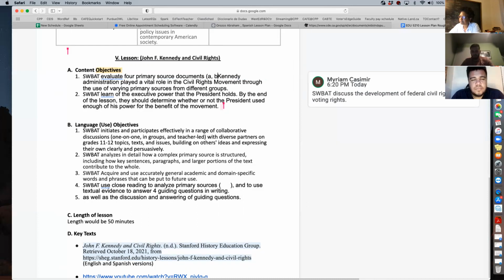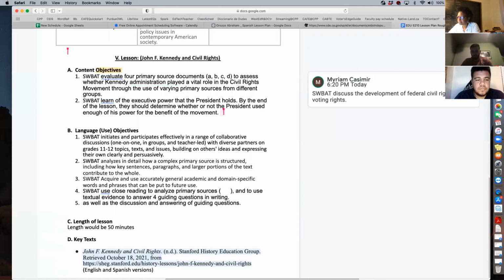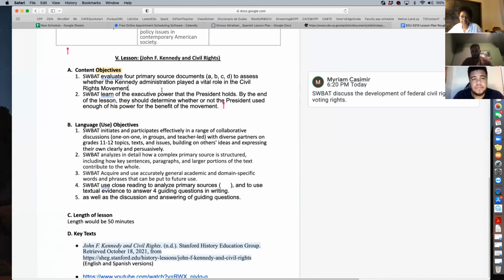You want to list them here. To determine that the Kennedy administration played a vital role in the civil rights movement. Boom. What do you think? Good.